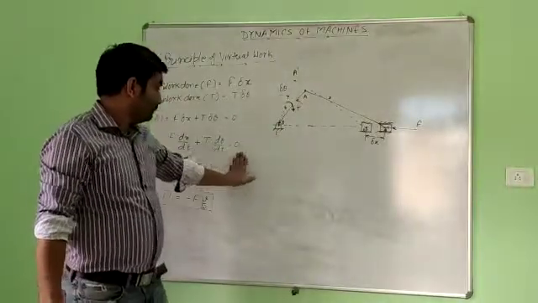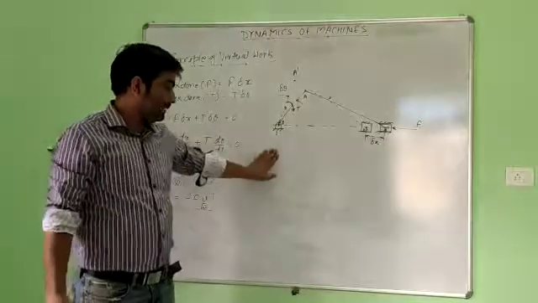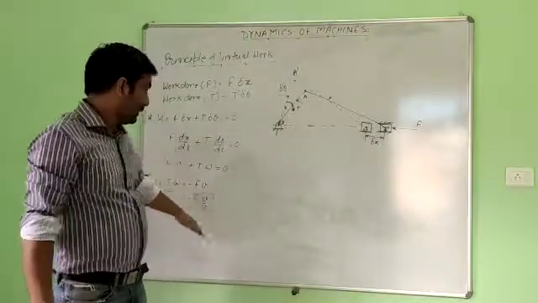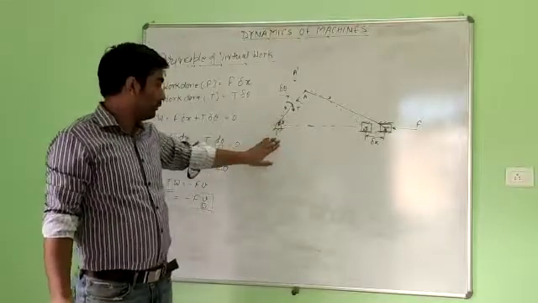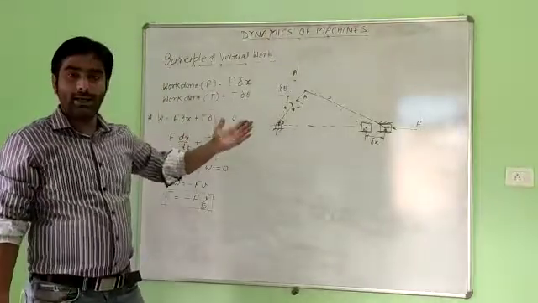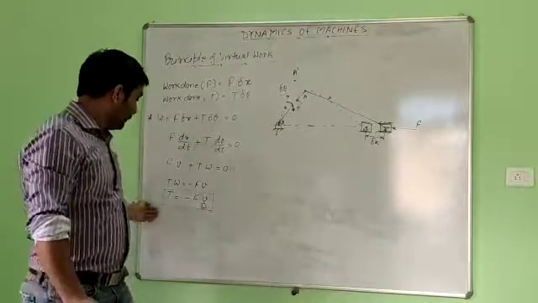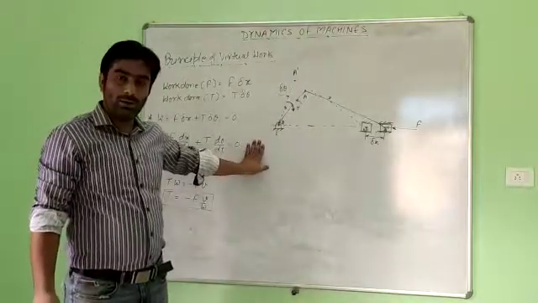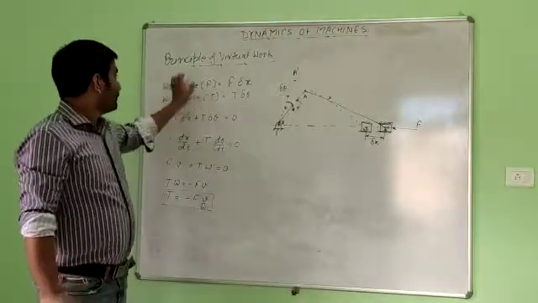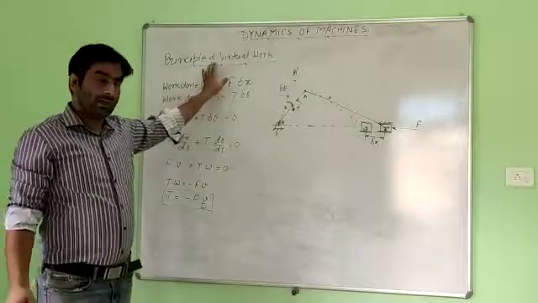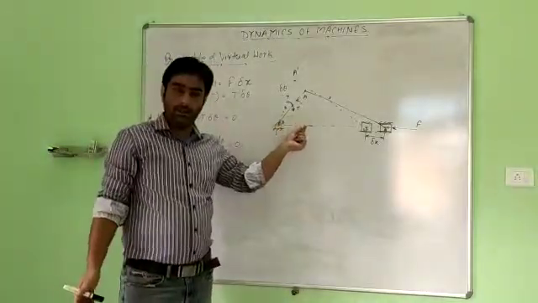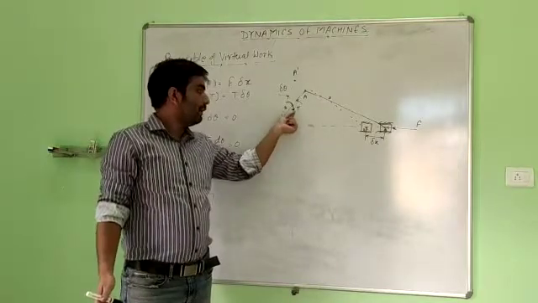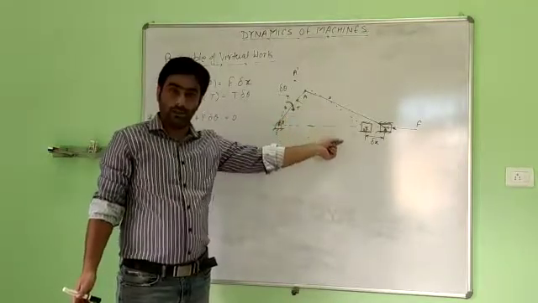So you have to practice how to draw the velocity diagram of a mechanism, which you have already studied in kinematics of machines. In the next lecture we will solve problems on the principle of virtual work. The benefit of this concept is that we don't require to draw the free body diagram.